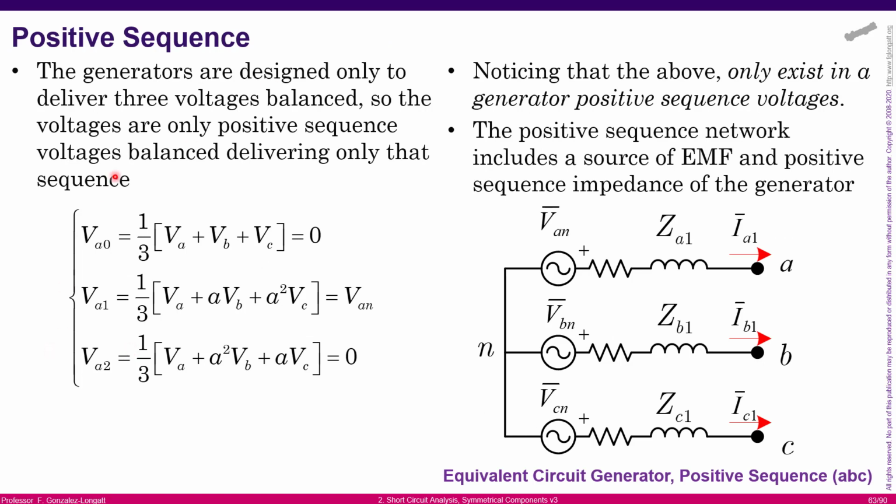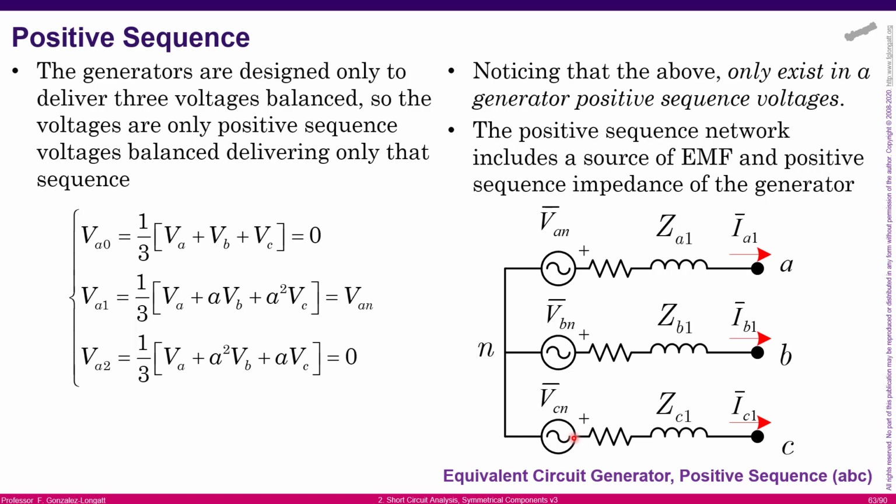In this fault condition, we can say that we have only positive sequence, because in this case the generator is producing positive sequence on phase A, phase B, and phase C. I am talking about the sequence voltage generated by this synchronous machine.